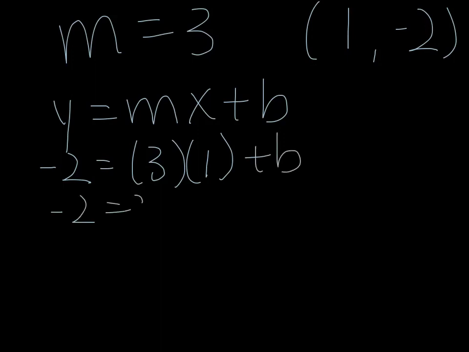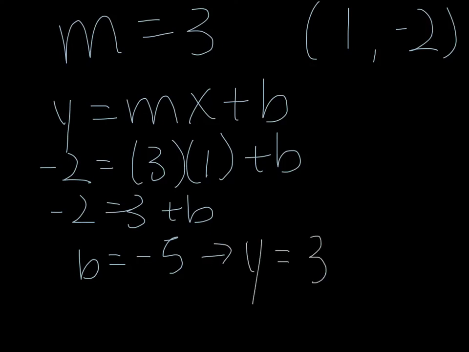Negative 2 equals 3 plus b. b equals negative 5. So your equation becomes y equals 3x minus 5. And this is the equation of the line that goes through 1, negative 2 and is perpendicular to x plus 3y equals 6.